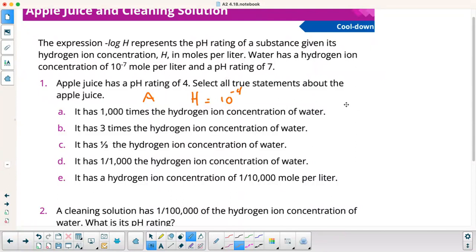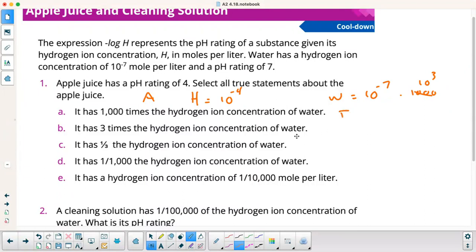And water, they told us, water is 10 to the negative 7. So apple is 1,000 times greater than water. So I would say yes, if I took this times 1,000, 1,000 is really just 10 to the third. So yes, if I multiplied this, I'd add the powers and I'd get what I have.